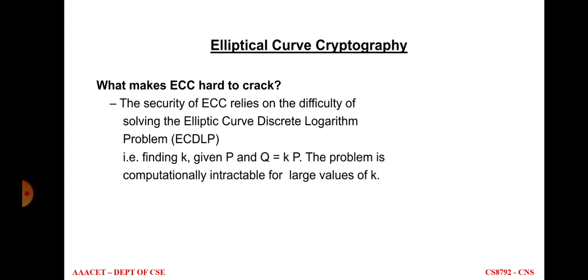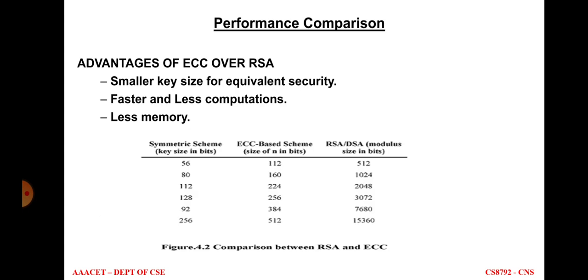So it is very difficult to solve the logarithm problem, so ECC is very hard to crack. In the given Q is equal to kP, it is very difficult to find the k value for the given values of Q and P. So that's why ECC is very hard to crack.